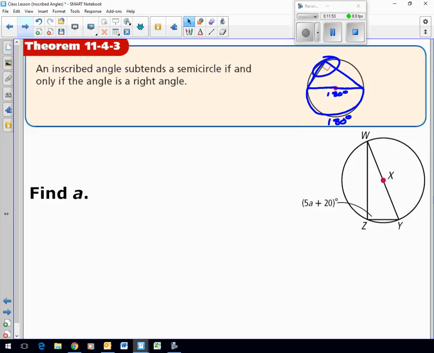What would I set 5a plus 20 equal to here? 90, right? See why? You've got a diameter, which means this whole big arc is 180 degrees. Any chords that come from that arc form an angle that is 1/2 of 180. That one's going to take a couple problems, which I've made sure to include today, to make sure you got that.